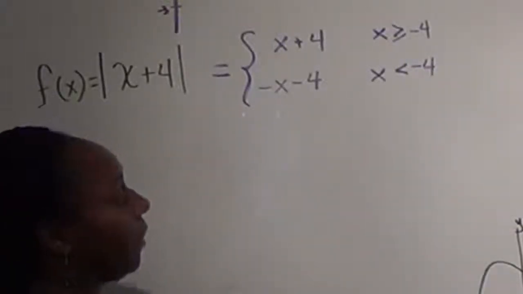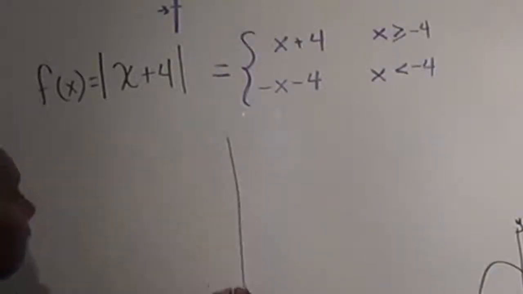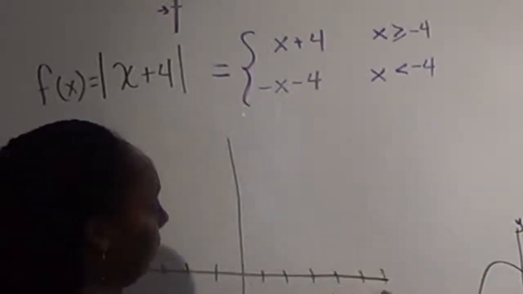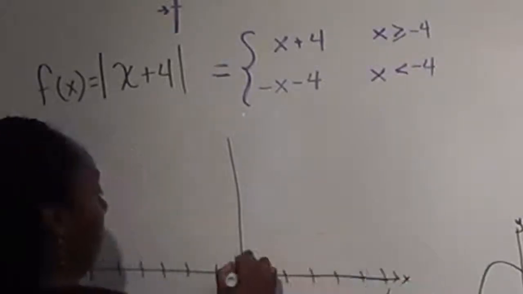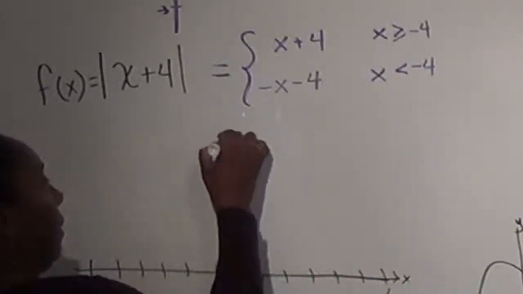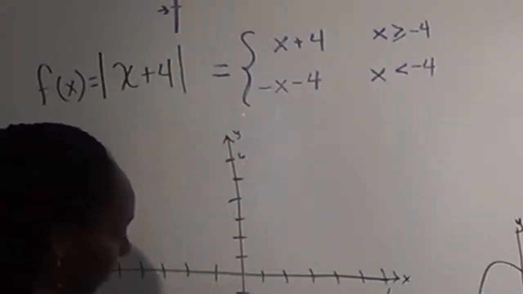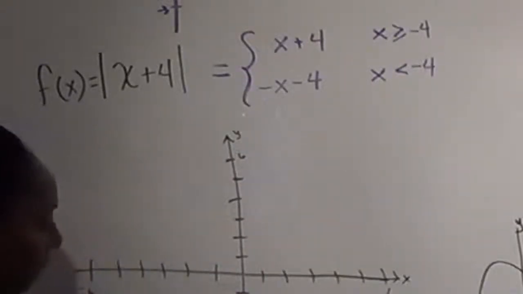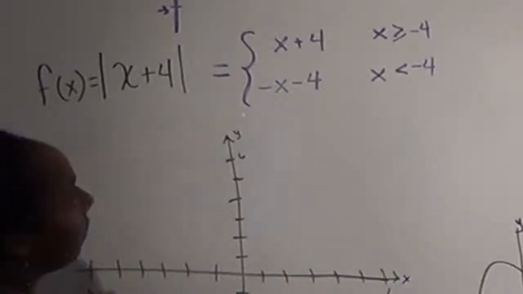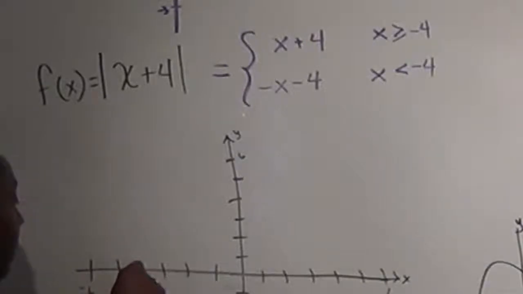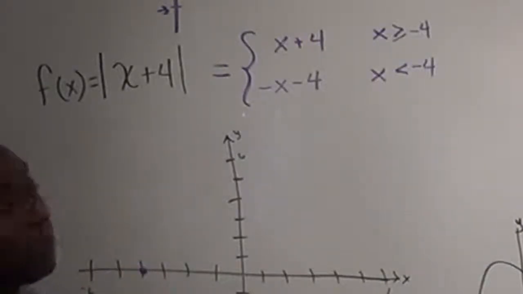So here again, if I go to graph it, for this one at negative 4, I can see I'm going to be at 0. That one's inclusive, so closed circle.